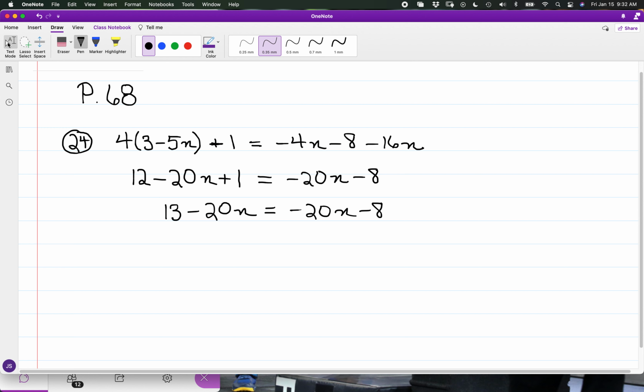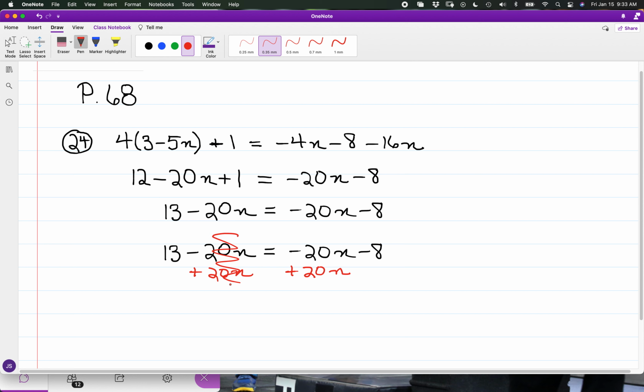And for what we have at this stage, there are like terms on opposite sides of the equation. Here we have 2 variable terms and 2 constants that are separated from one another. And if we look at joining the variable terms, combining what we have in the letter n, and if we join by adding 20n, we're going to have cancellation of the variable terms.